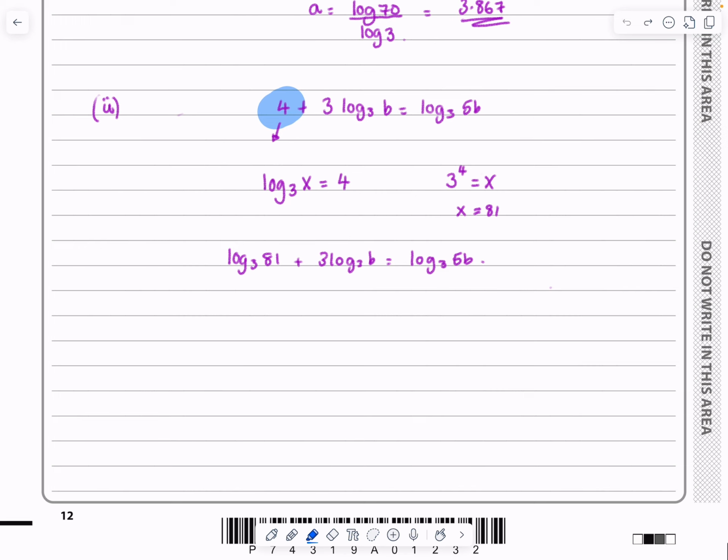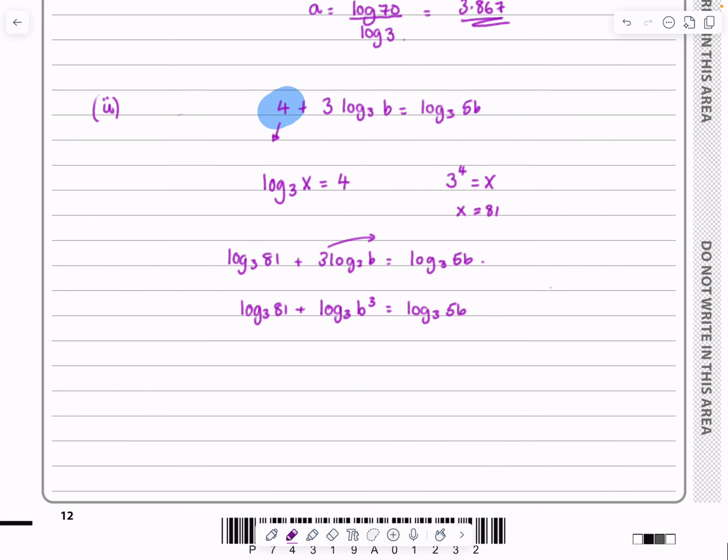Why would I do that? Because now I can use my log rules. They're all base 3s. I can just use my log rules to tidy everything up. So on the left-hand side, I've got log to the base 3 of 81, plus, well, that power can go up there. We've already talked about that rule. Log 3 of b cubed is equal to log 3 of 5b.